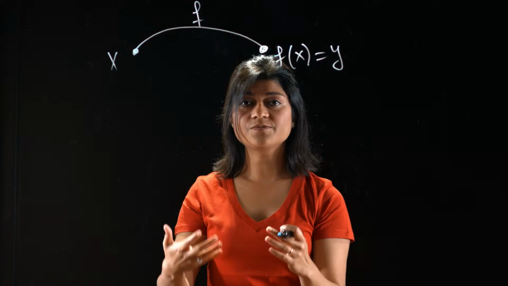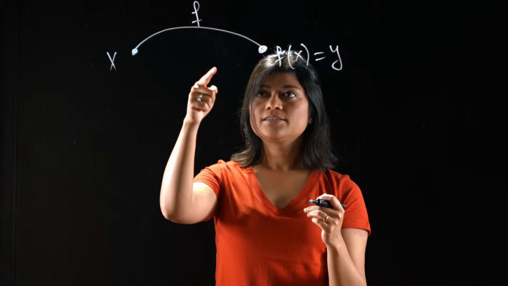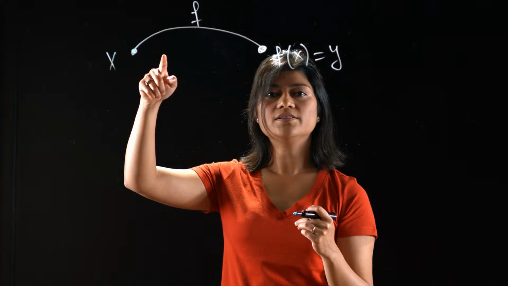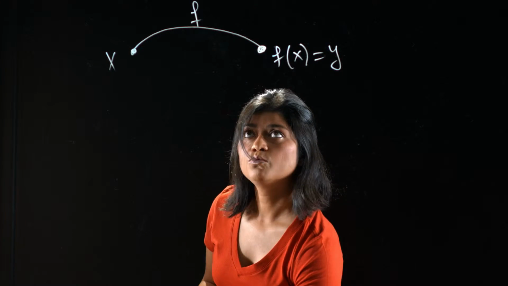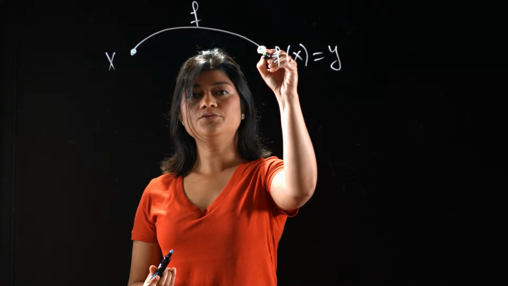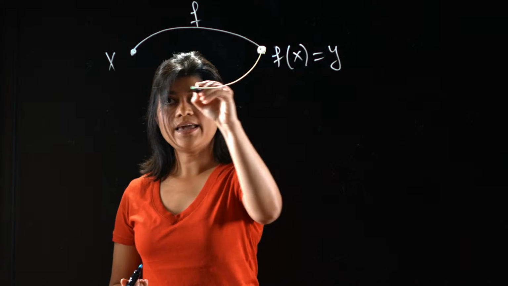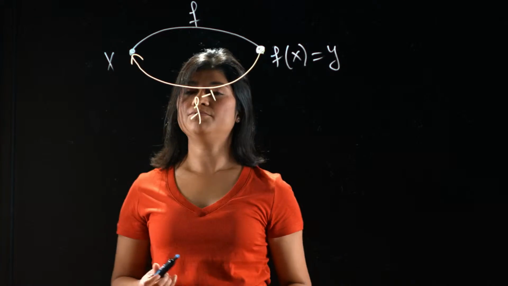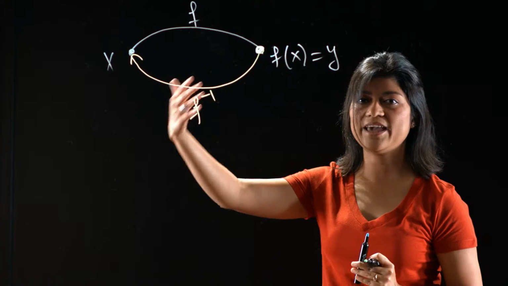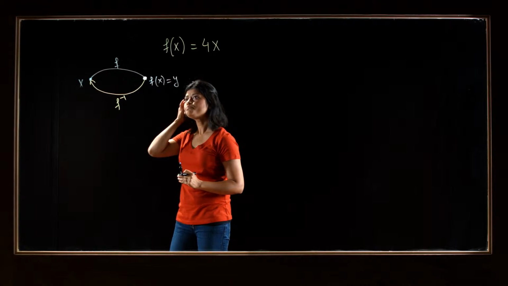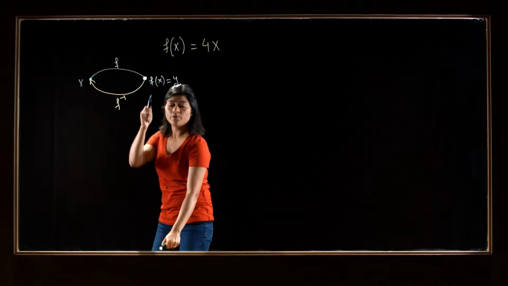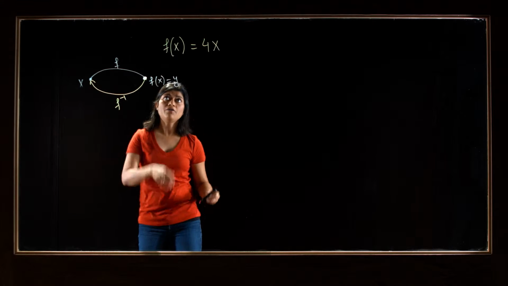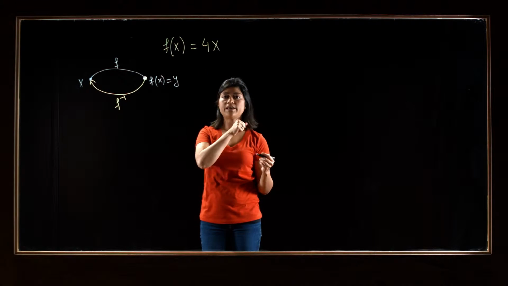Now what does the inverse function do? It reverses what f does. So the inverse of f will take this value, f of x, and take it back to x. That's what the inverse does. It undoes what f does. All right? So let's think about our problem here. Our function is 4 times x.